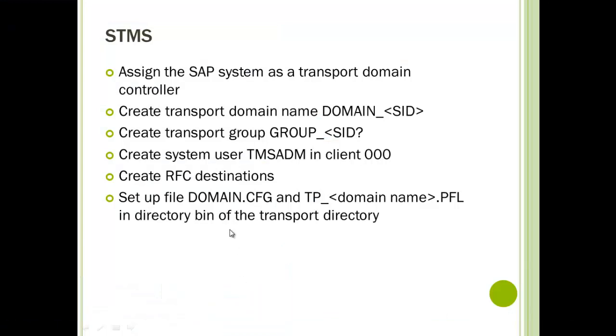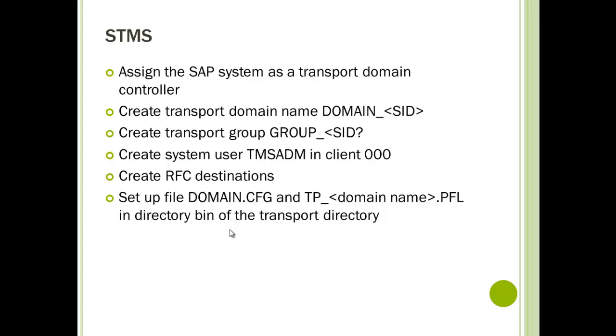So let's go back. When you are doing a configuration in client 000, first you will run the transaction code STMS in client 000. At that stage, this will do quite a lot of activity in your SAP system. When you run STMS, it will prompt you to initialize the SAP system if this is a fresh system.